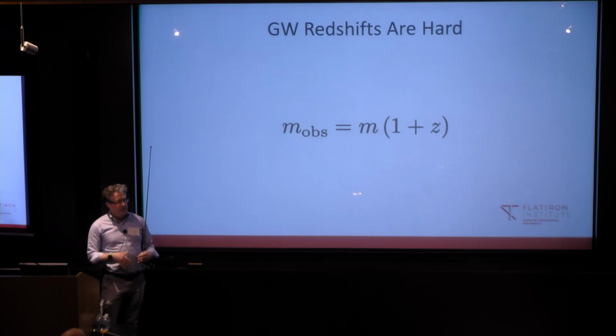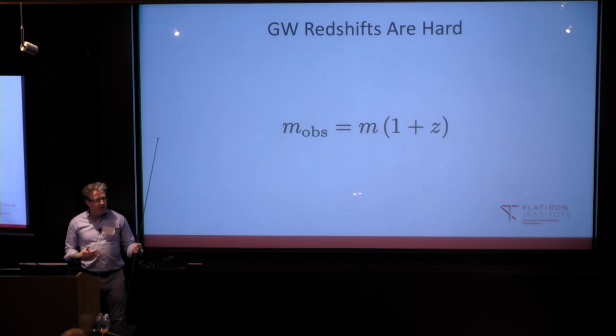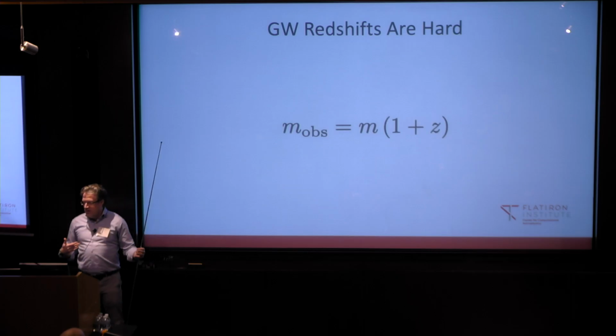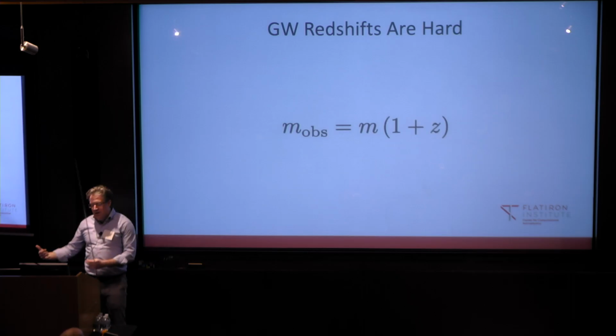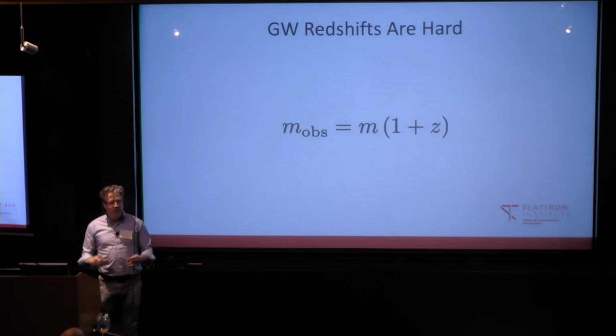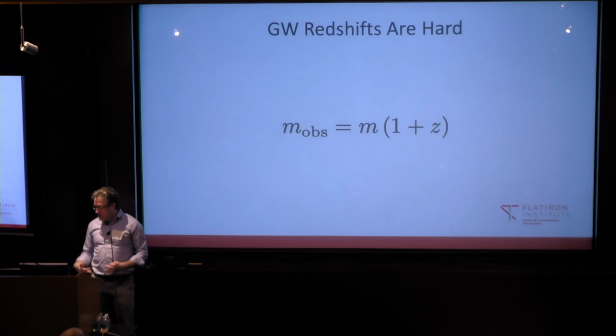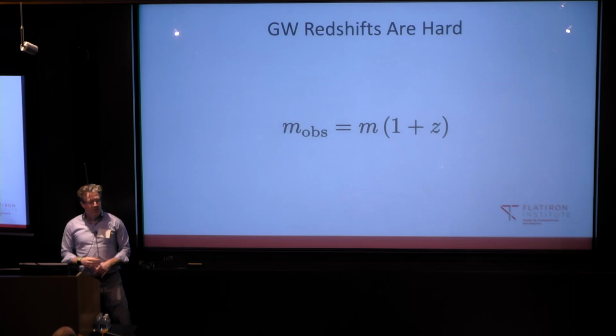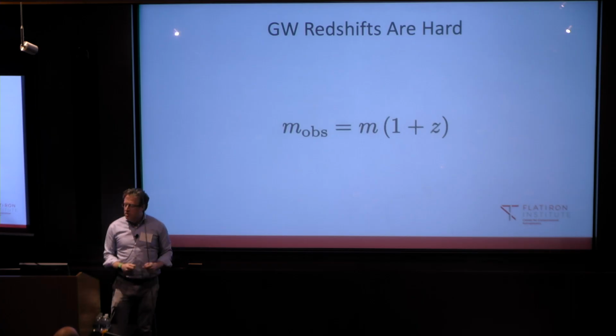And the reason is, just like everything else, gravitational waves partake of cosmic expansion. So a gravitational wave that's emitted at some frequency f in its rest frame, as it propagates to us, becomes stretched, and its frequency appears at f over 1 plus z. Right? It moves to lower frequencies as it redshifts.